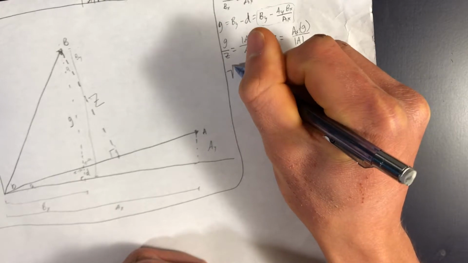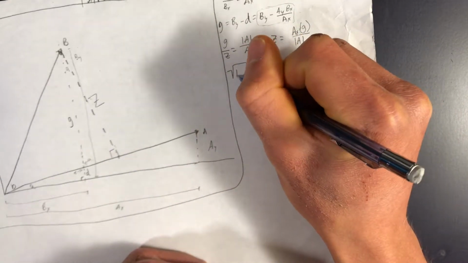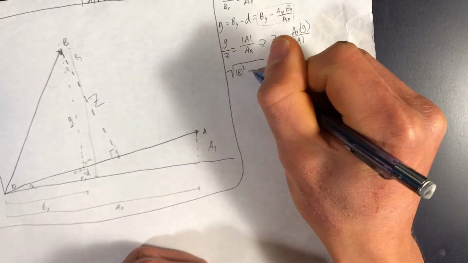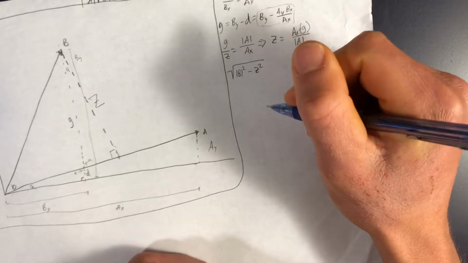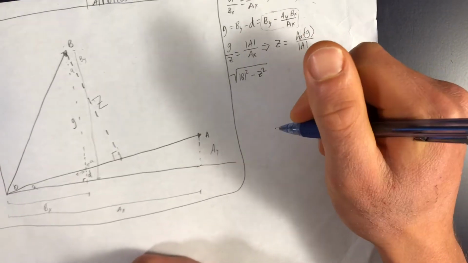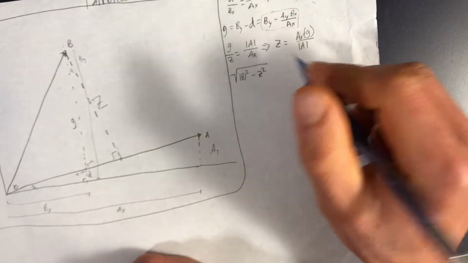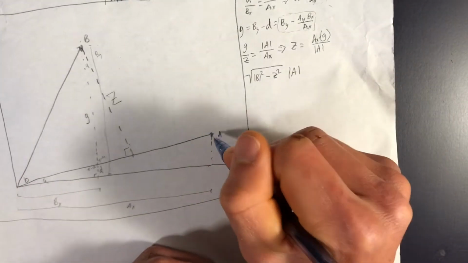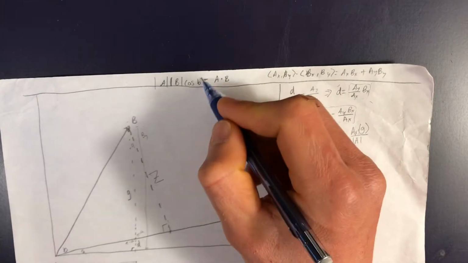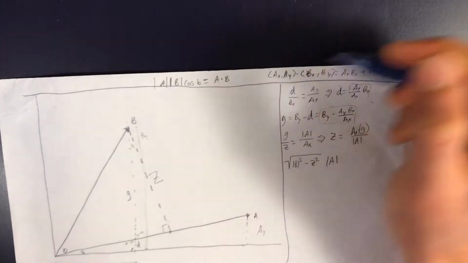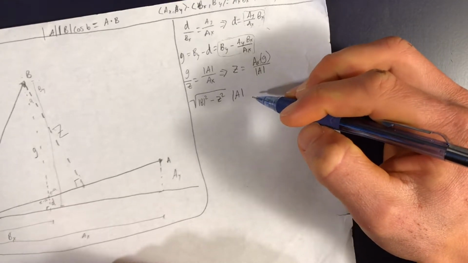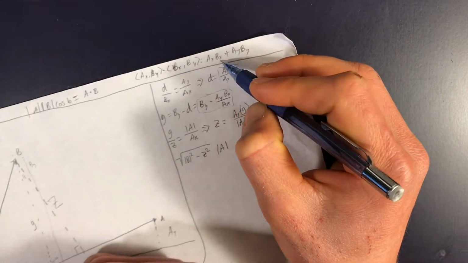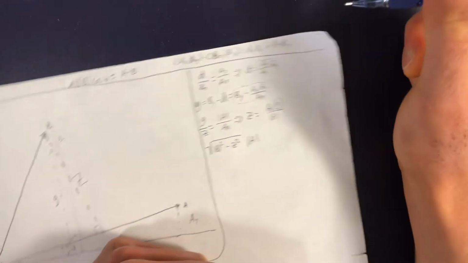It's going to be the square root of the absolute value of B squared minus Z squared, and this is multiplied by the absolute value of A, and that's what we're getting right here. So we want to plug everything in, do some algebra, and see if we get this form: AX BX plus AY BY.